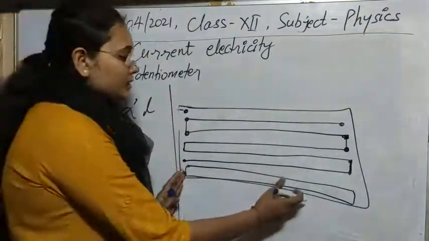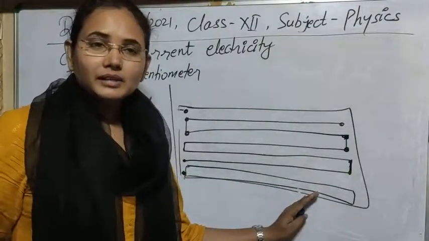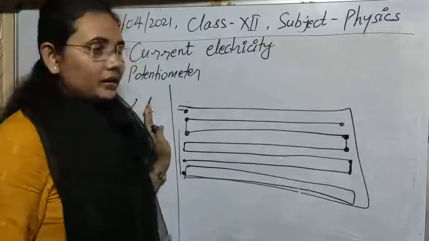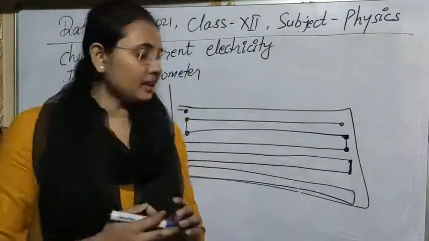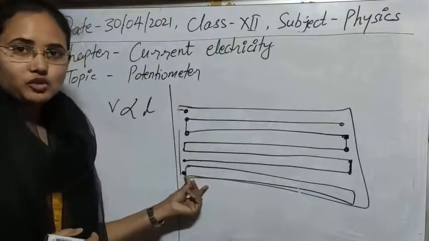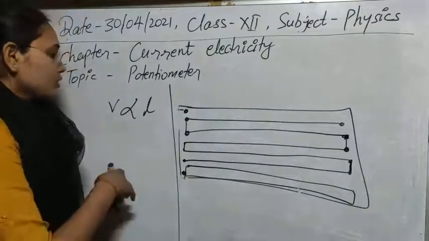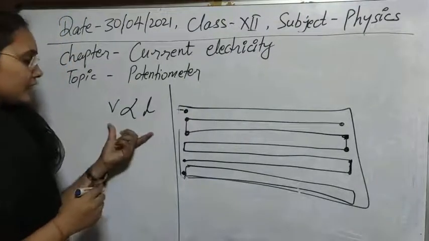Suppose we have a 30 centimeter length of wire; then for that length the potential difference is directly proportional to it, and by using that method we can calculate the EMF of any cell connected in this potentiometer. Clear?